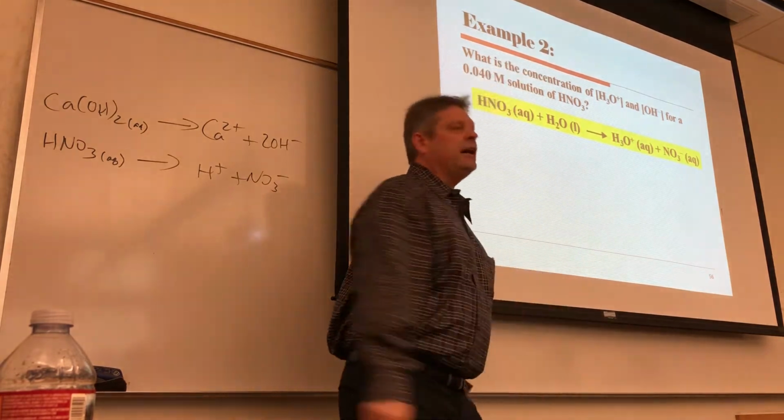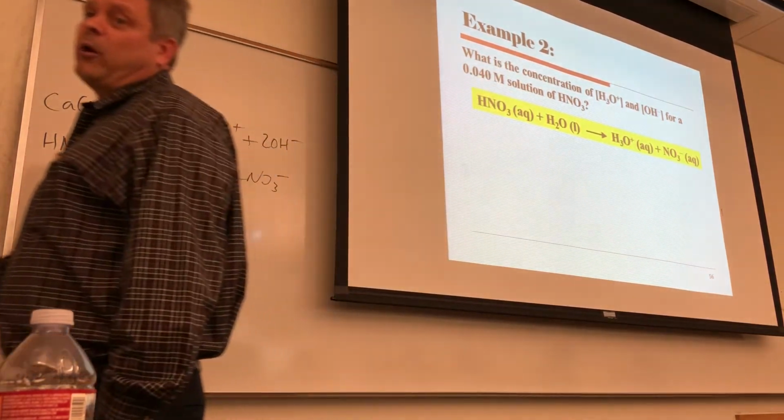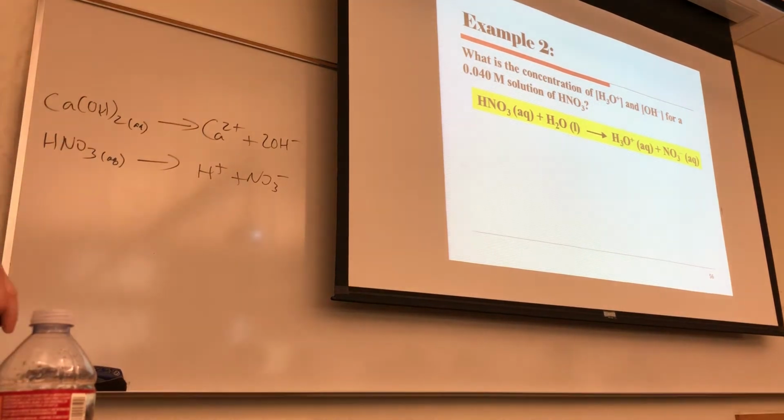So then can I find out the hydroxide? Can I also already determine whether it's an acidic or basic solution? Yes. It is acidic because that's greater than 1 times 10 to the minus 7. So I have a greater hydronium ion concentration than hydroxide, which creates an acidic solution.